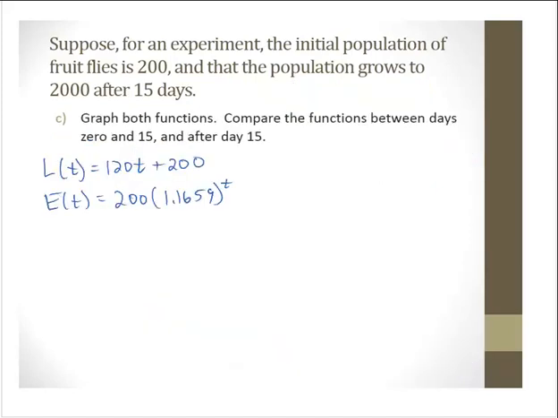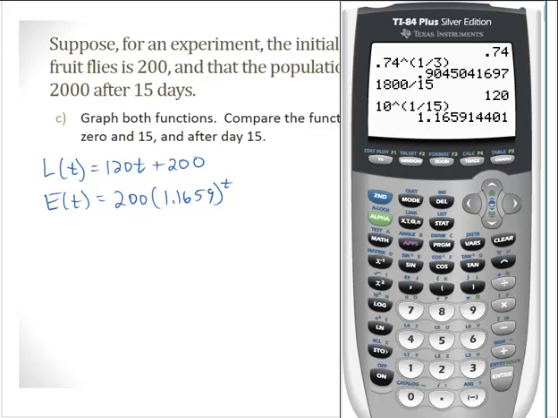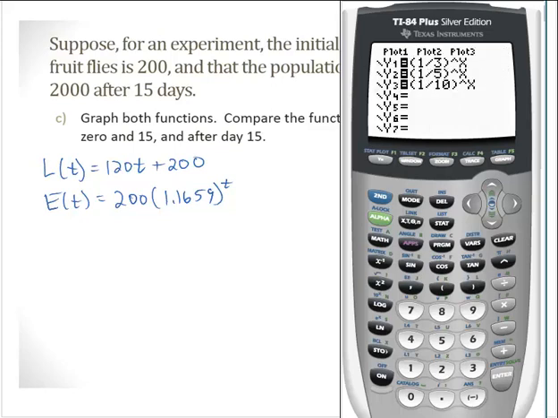We're going to compare the functions between days 0 and 15 and after day 15. Let's clear out the old stuff. We have 120x plus 200, that's my linear function. My exponential function, 200 times 1.1659 to the x.